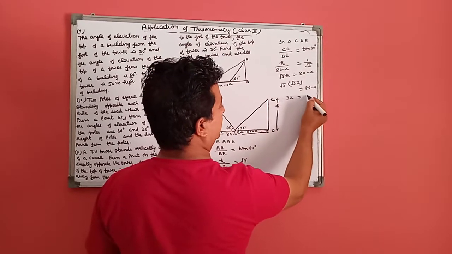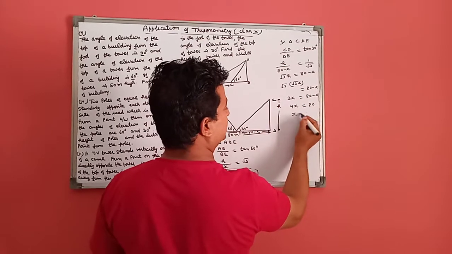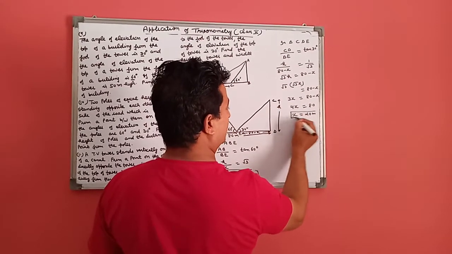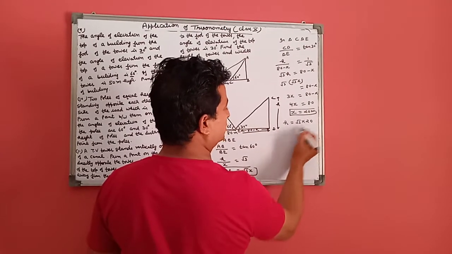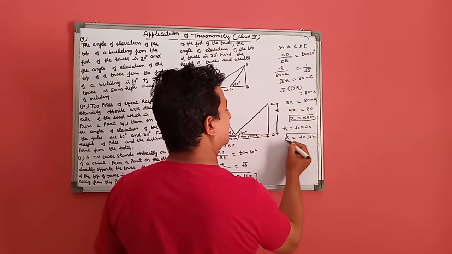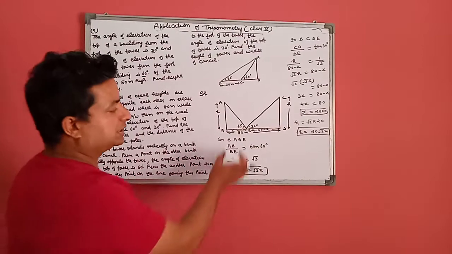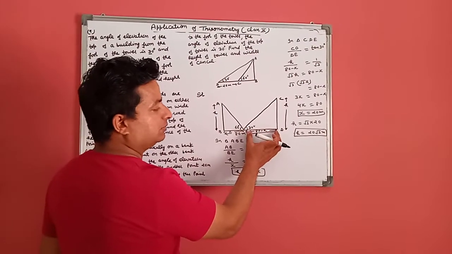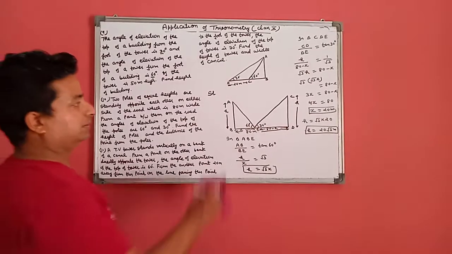When we multiply this, 4x equal to 80, x is equal to 20. When we put the value of x in H, H is 20 under root 3 meters. So the height of each pole is 20 root 3, and this is the distance 20, and this is 60. This is the solution of question number 10.